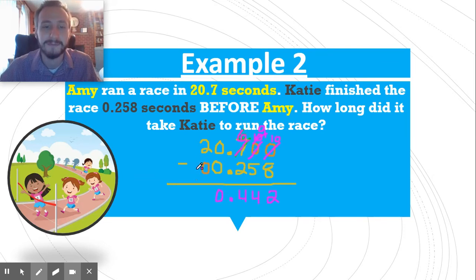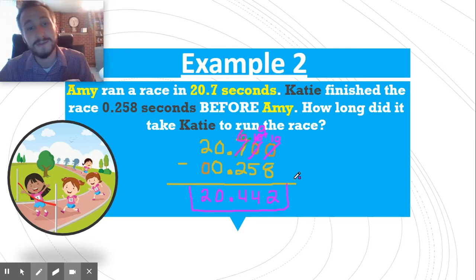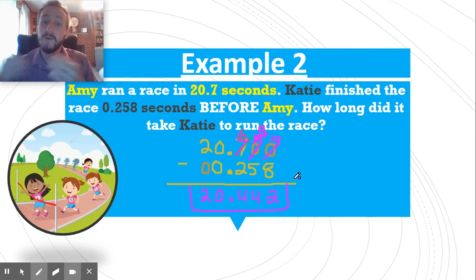And 2 minus nothing stays a 2. So our answer here is 20.442, or 20 and 442 thousandths. So if Amy ran the race in 20.7 seconds, and Katie finished 0.258 seconds before Amy, Katie's time is 20.442.